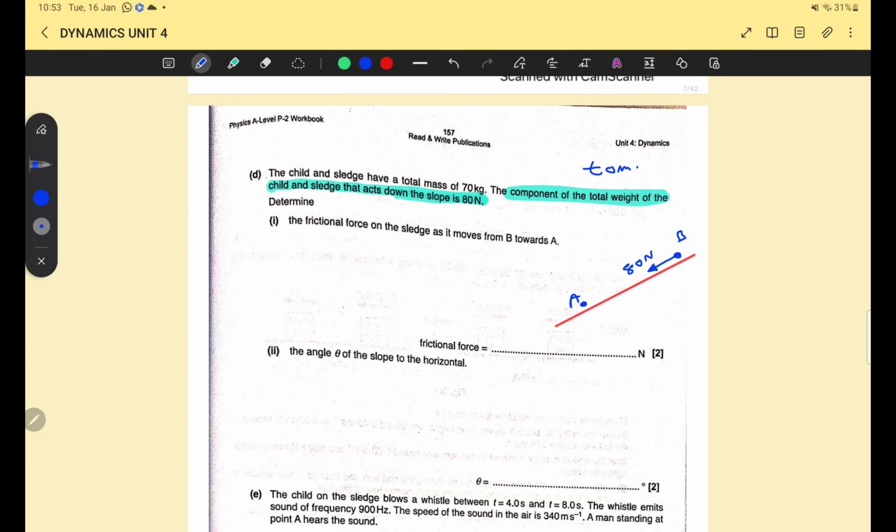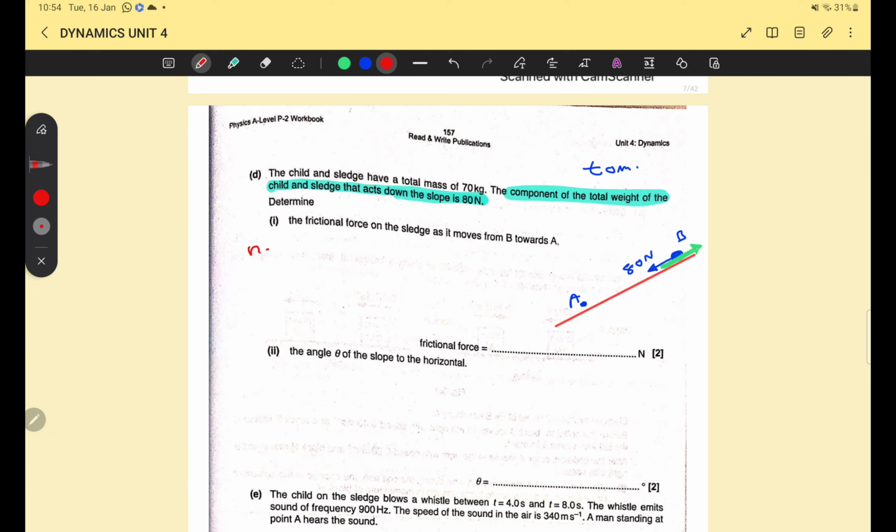This force is responsible to slide the child with sledge downward. And when it begins to slide, obviously an opposing force of friction will be produced. Friction will oppose the motion.